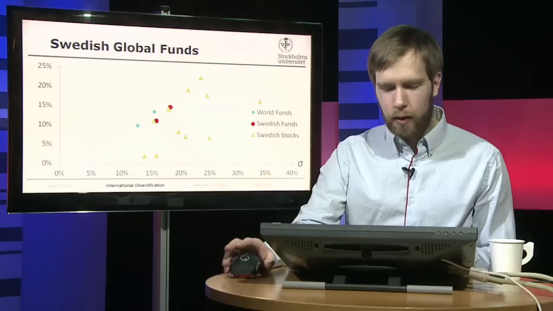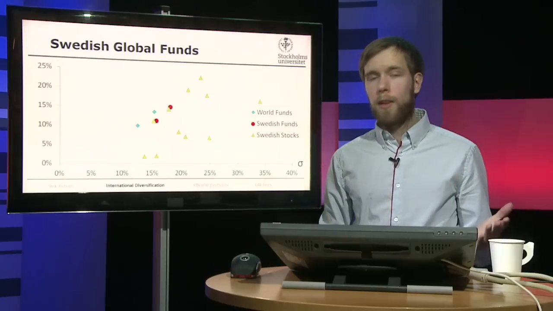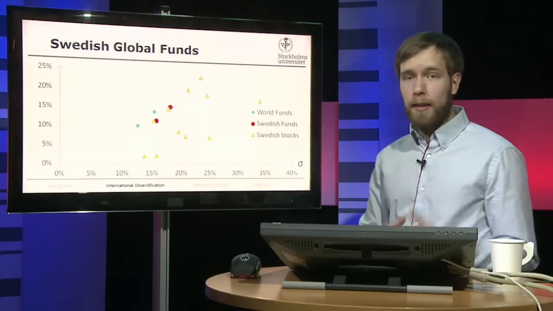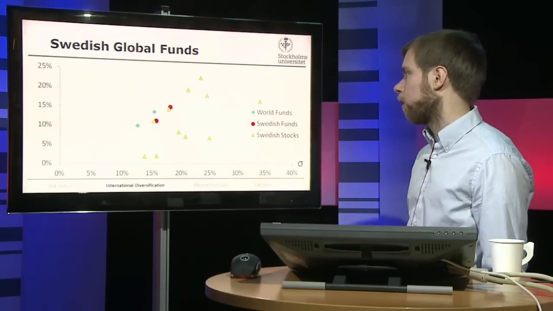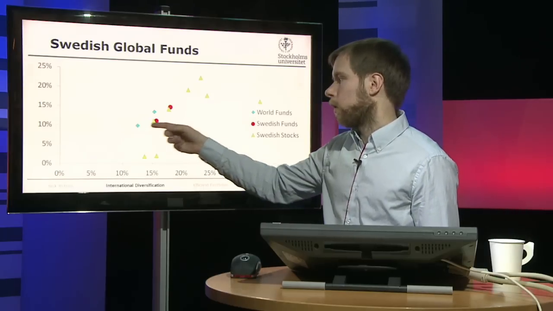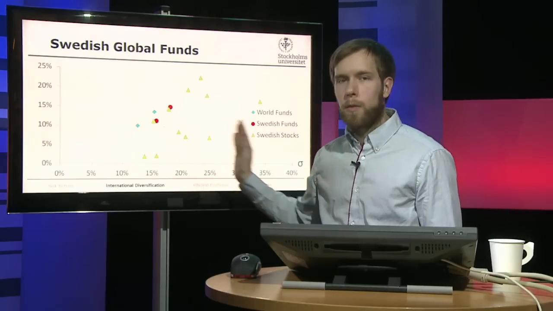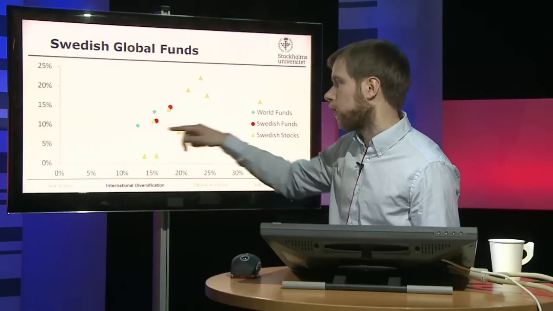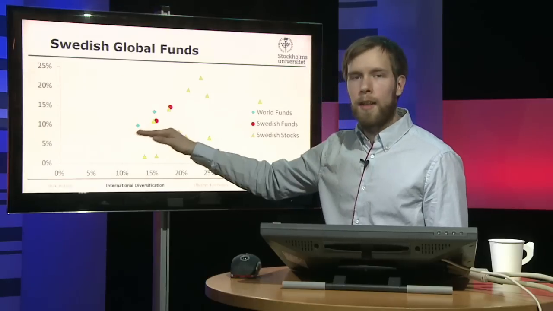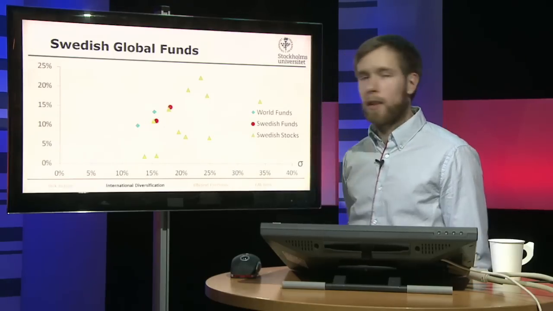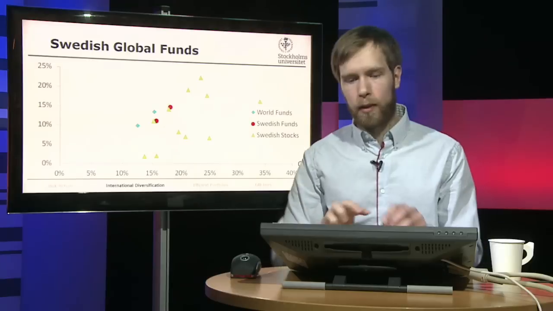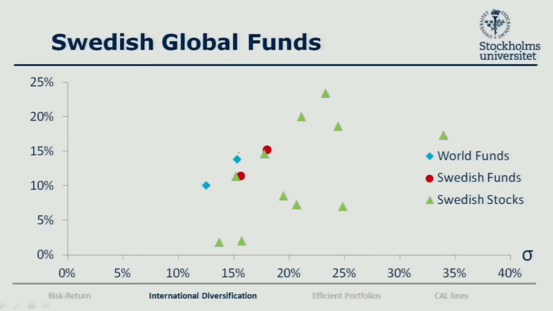If we also include funds investing in the world, globally, in stocks all around the world, then we see that with almost the same return, measured on the vertical scale, they are both substantially less risky than the Swedish fund. So this distance here is, of course, partly due to having a slightly lower return.